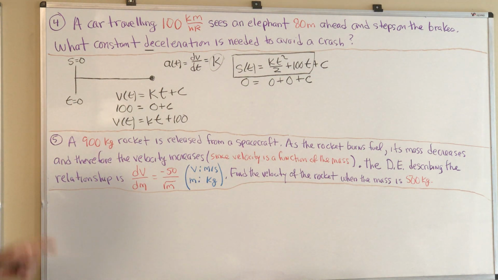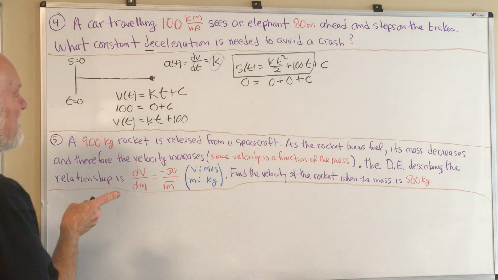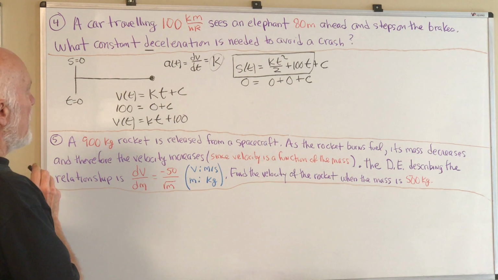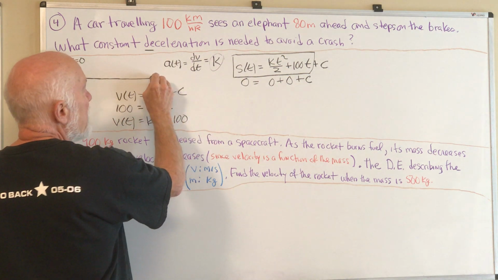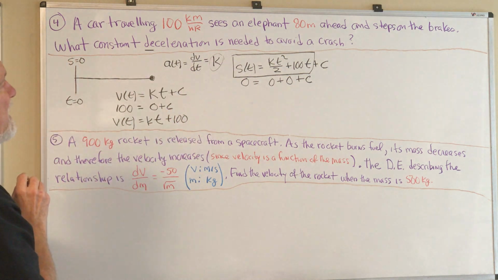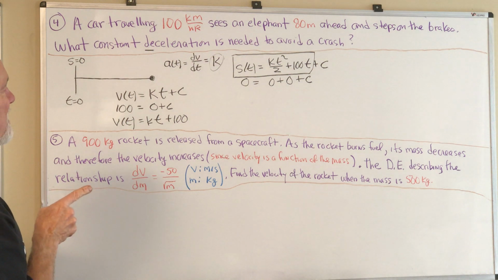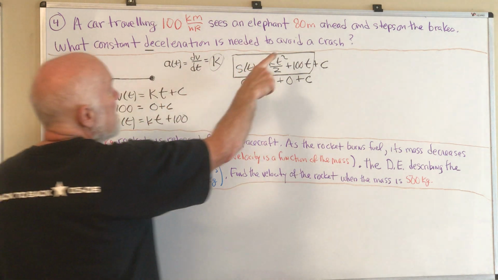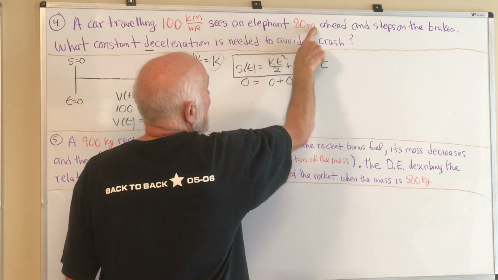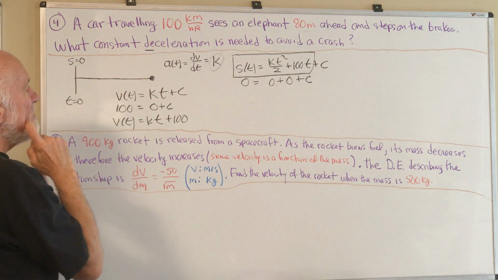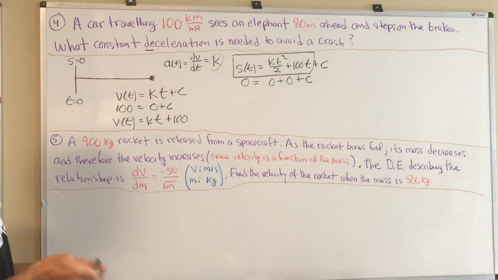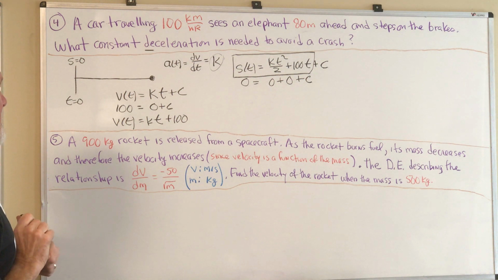So what we want to know is what k is. So one thing we could do is find out that we want the car to be at a 0 velocity when the position is 80 meters. When the position of the car is right here, we want the velocity to be 0, so it stops right at that point.